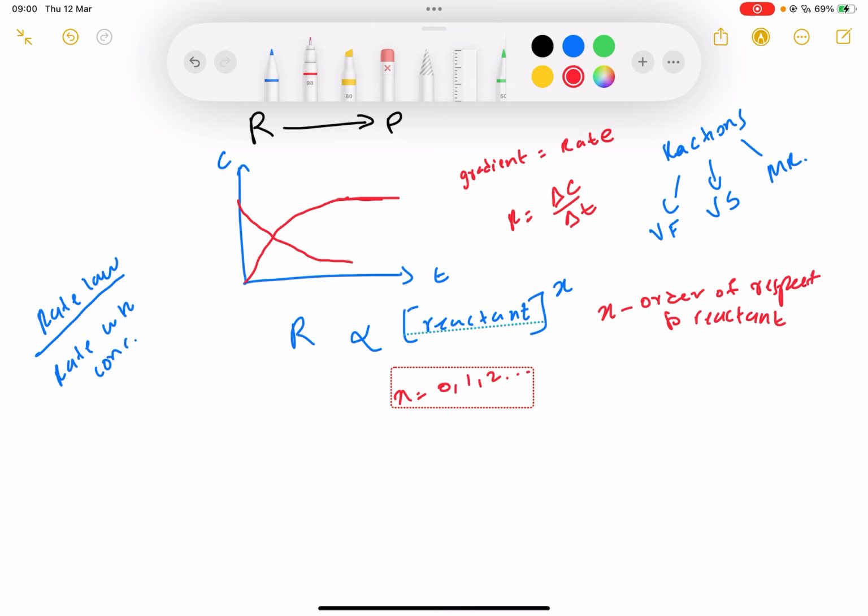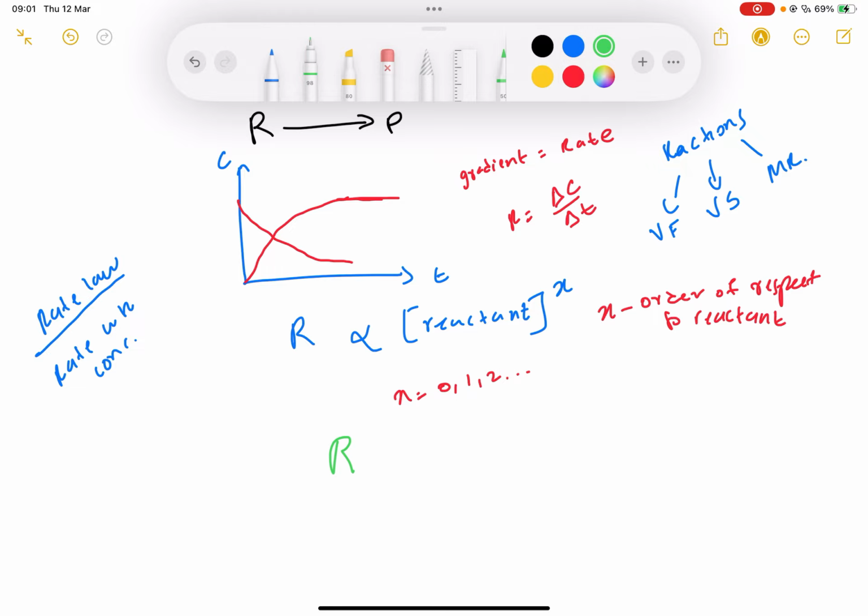Now we are going to see different orders of reactions. Let's see what this 0th order is. When the order is 0, we call it the 0th order. When it is 1, it's the first order. When it is 2, it is the second order. Now this rate is proportional to the reactant.